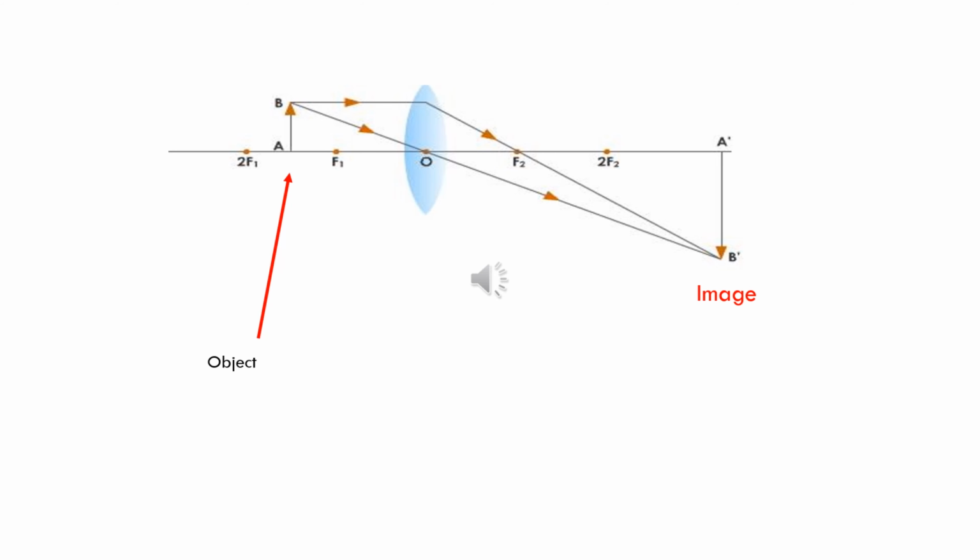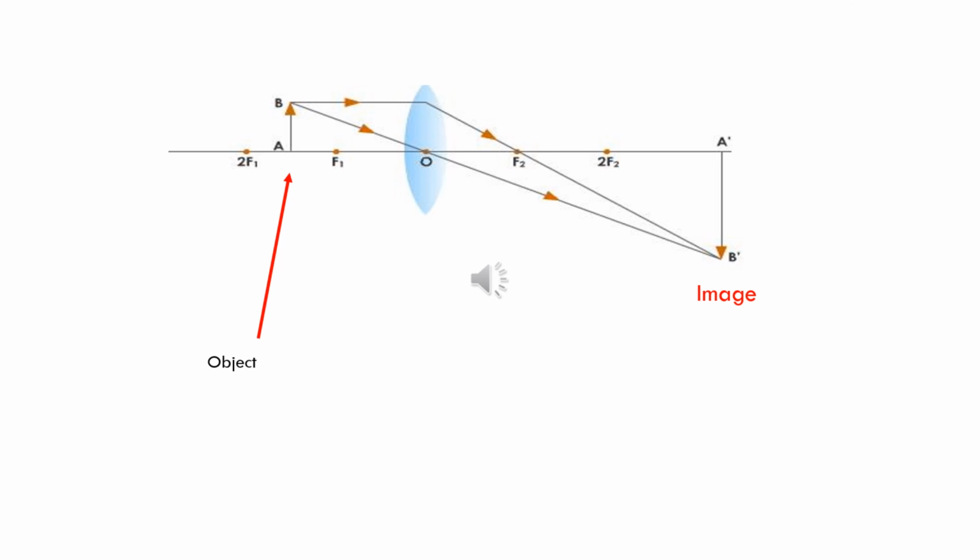The third part of this question asks: consider the image formed of an object placed between points A and B on the principal axis of the lens. State two characteristics of that image. You can see the screen for that question to get answers. Between A and B means the object is between the focal point and twice the focal length, between F1 and F2.